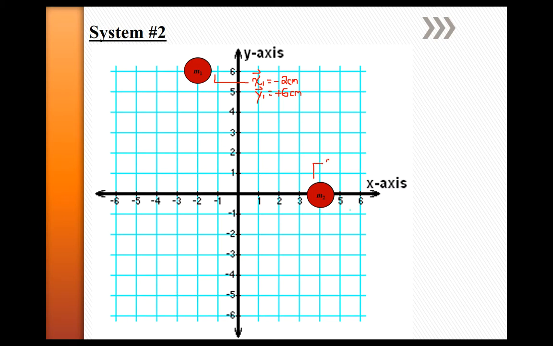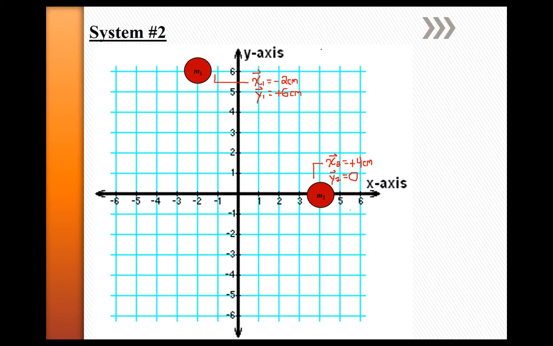This one, you'd have x2 would be equal to, it's located at positive 4 centimeters, and then you don't have a y coordinate. Well, you do have a y coordinate, it's just 0, because you're on the x-axis. Okay, so it's going to be located somewhere between the two of these guys, and it's going to be located closer to M2 just because M2 is the bigger mass.